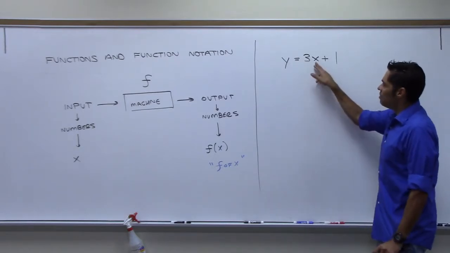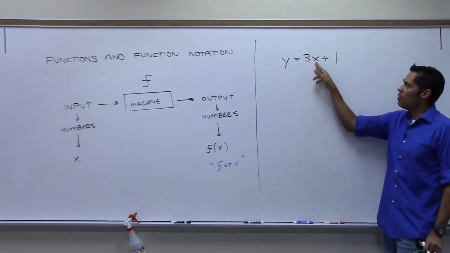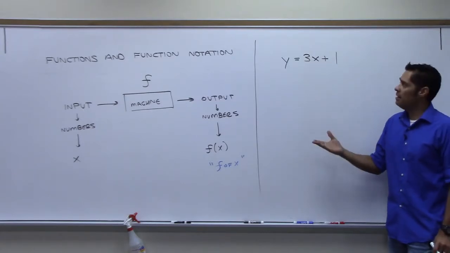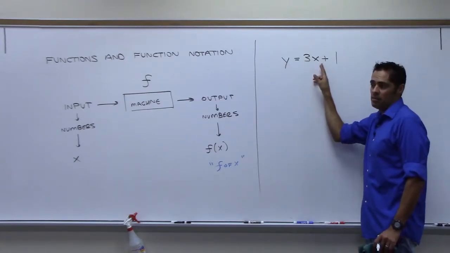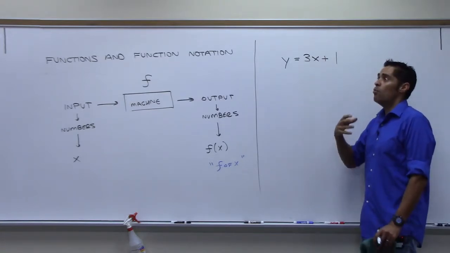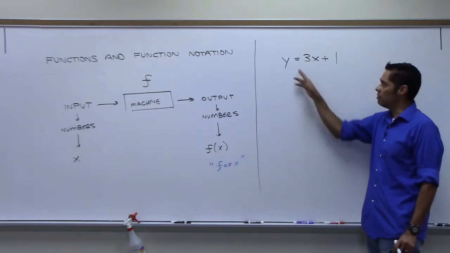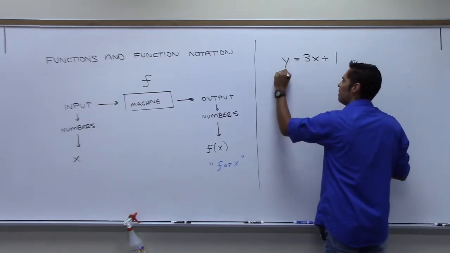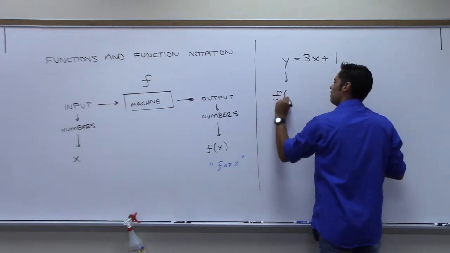If I start changing the values of x, it's going to force the y value to change. So you could say that y depends on x. Every time you change x, y is going to change, so y depends on x in order to determine its value. So I can replace the y with this notation.